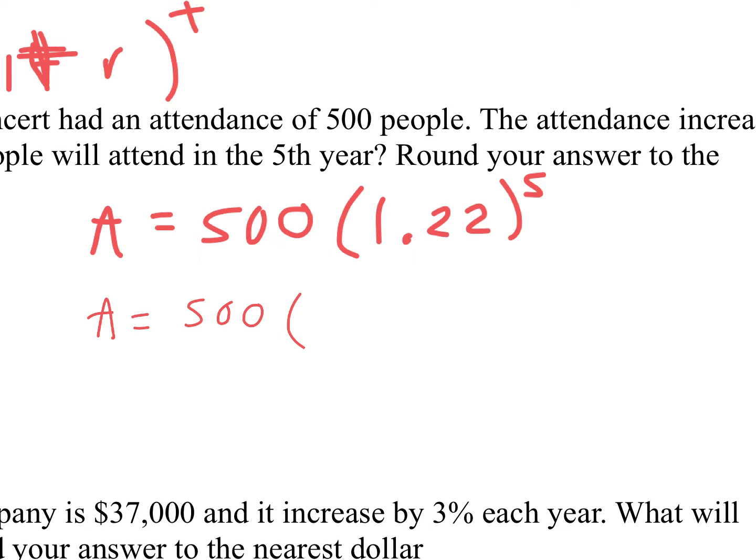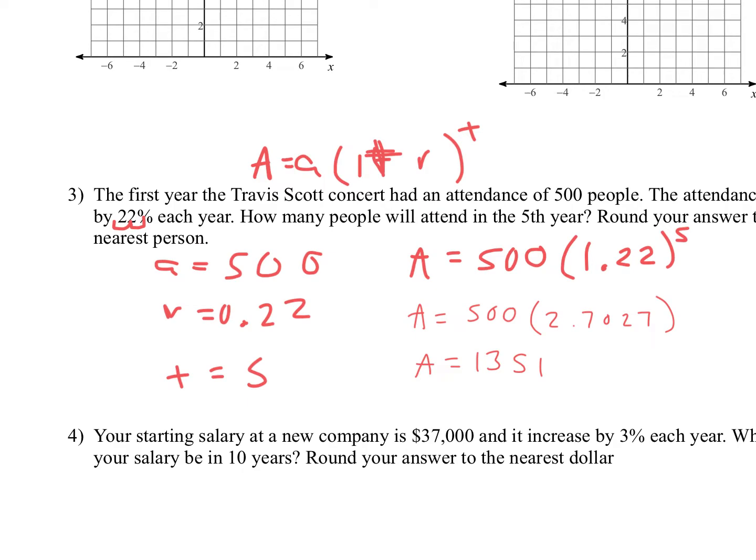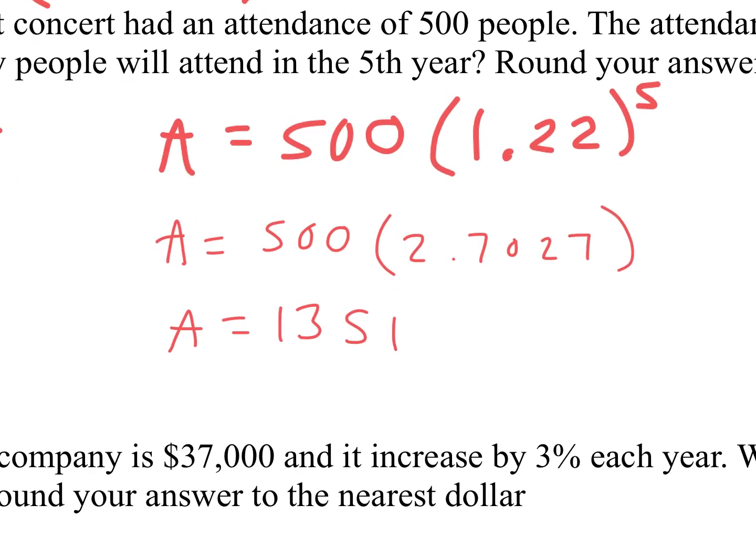So 1.22 to the power of 5, and we get 2.7027. And then we just multiply that times 500. So we end up with 1,351, and it says round to the nearest person, so that would be a whole number. So this many people.